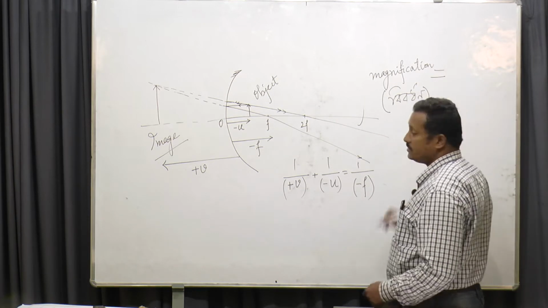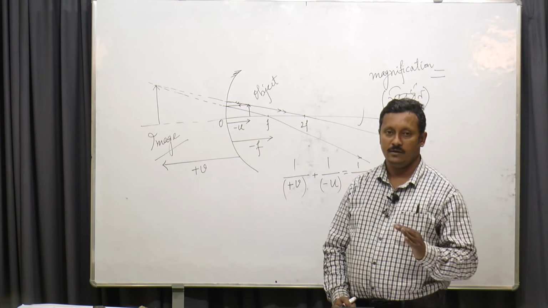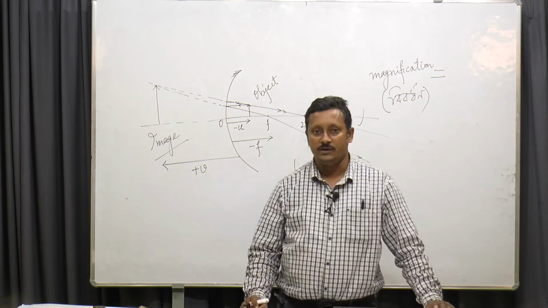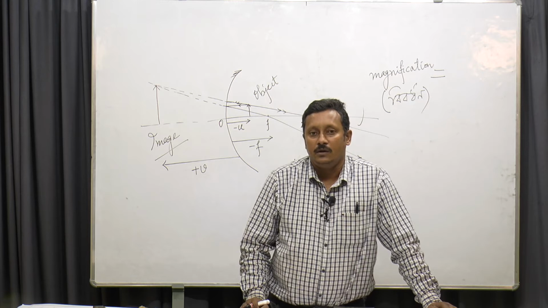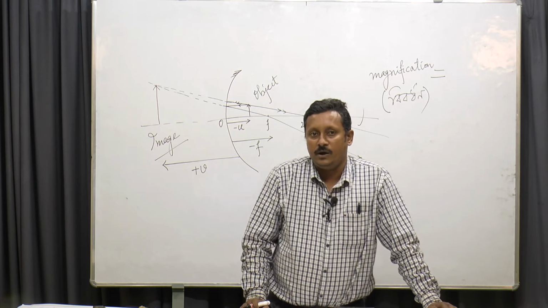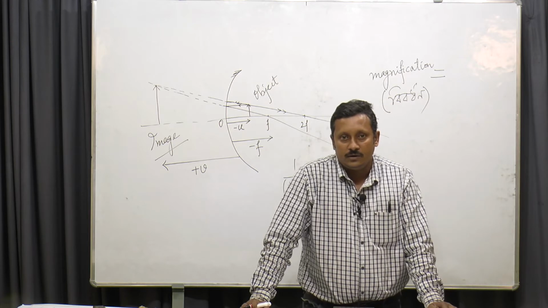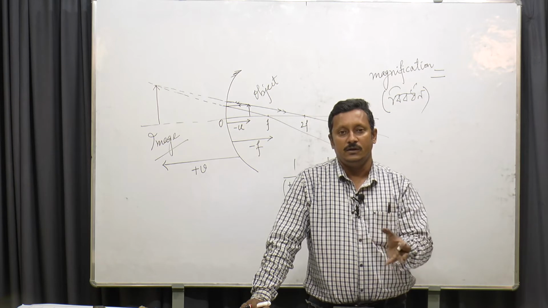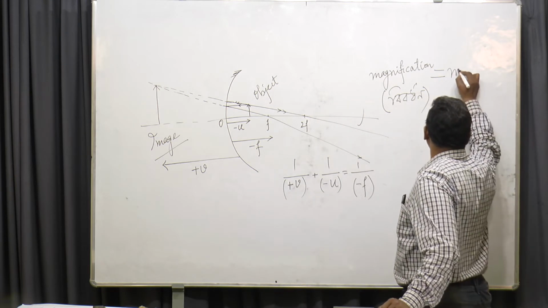So magnification is equal to the image height by the object height. That means how much larger the image will be. So the image might be larger than the object, it might be equal to the object, it might be smaller than the object.